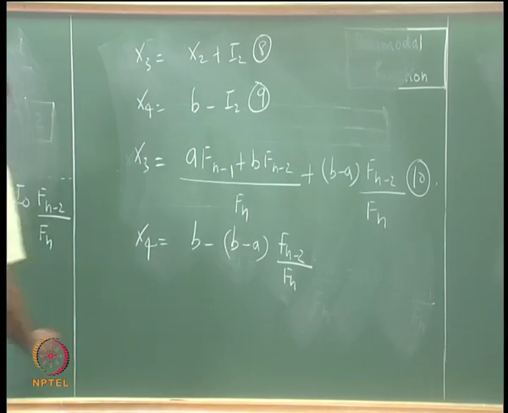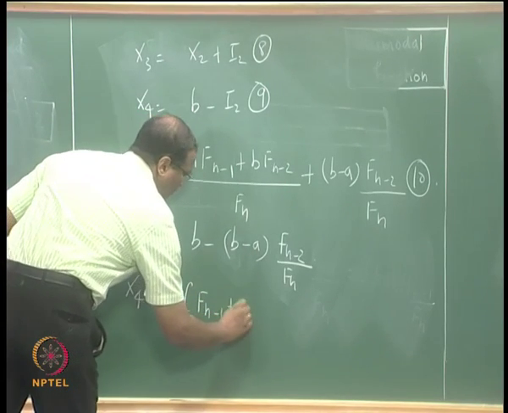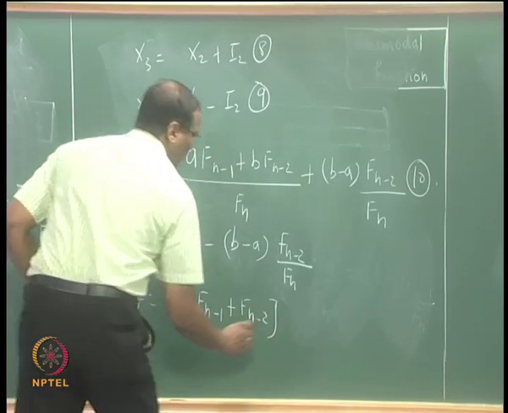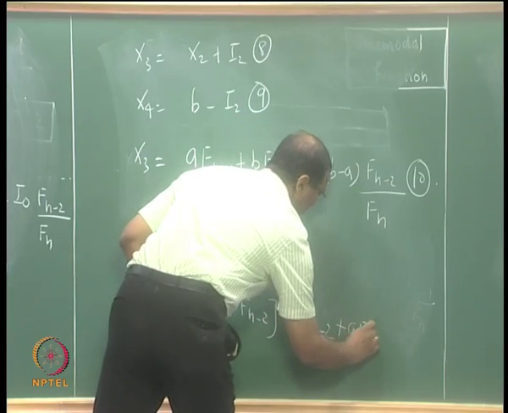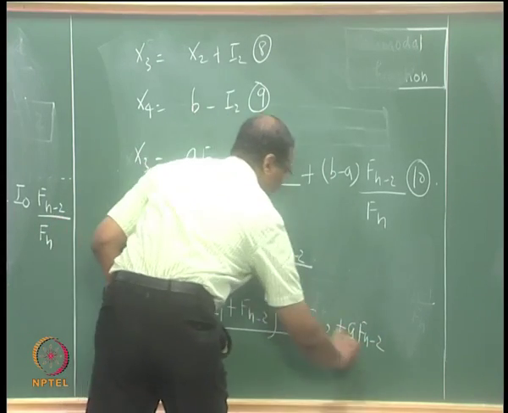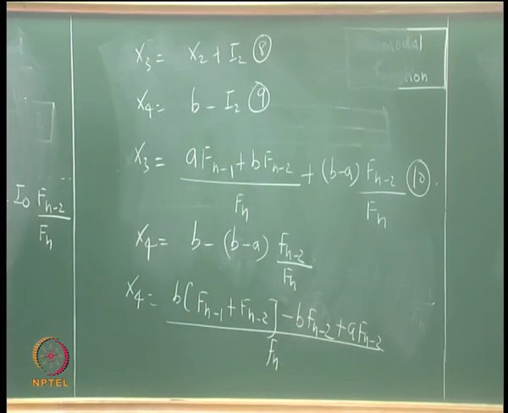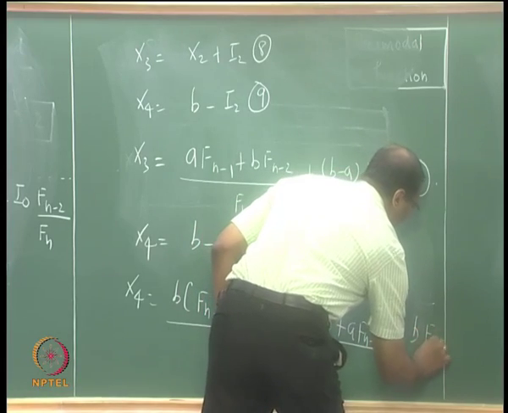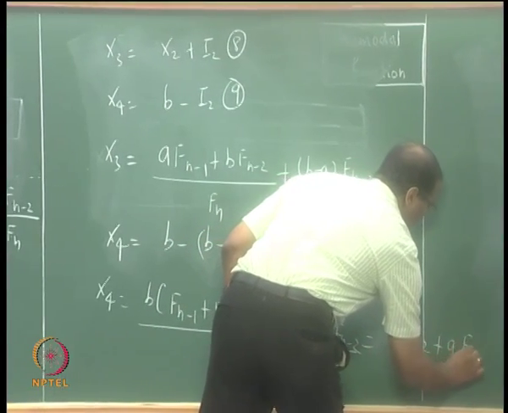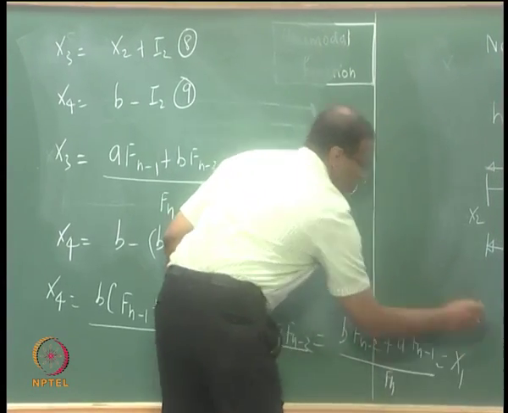Now I can substitute again for Fn. What is happening now? x4 is b Fn minus 2, which is equal to x1.